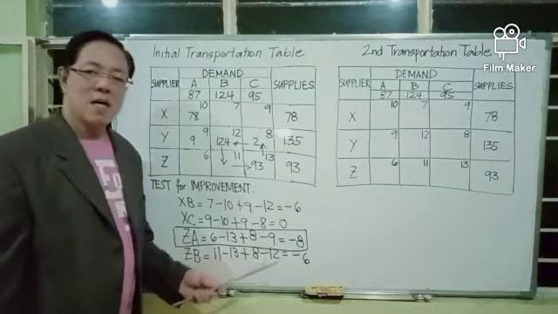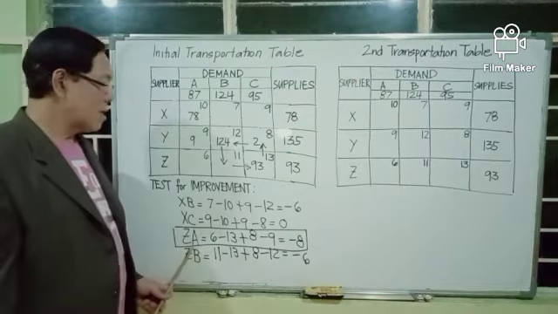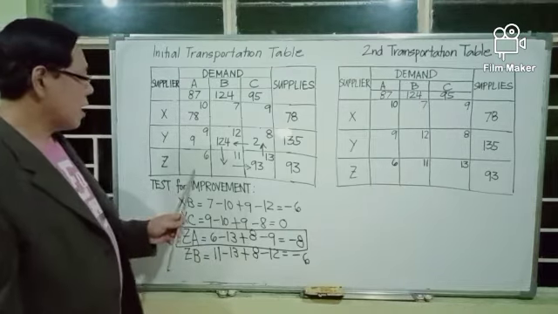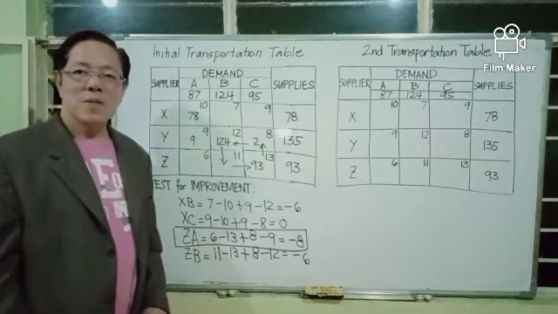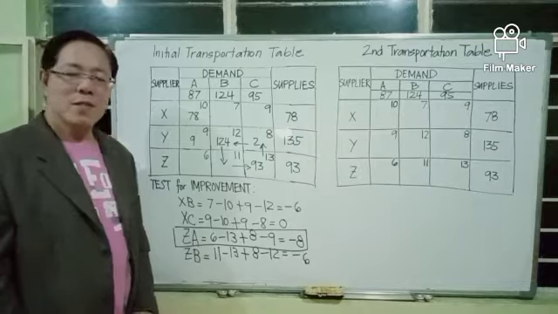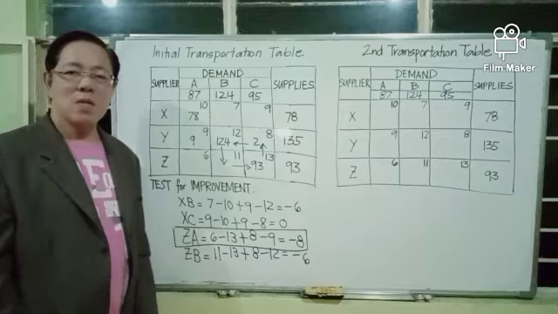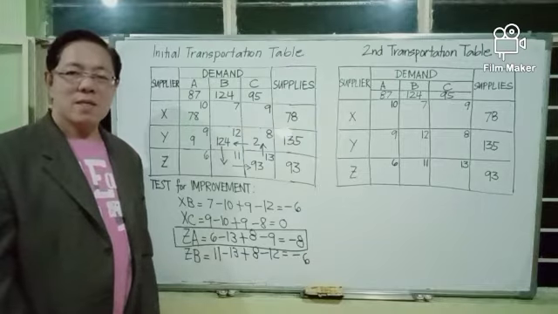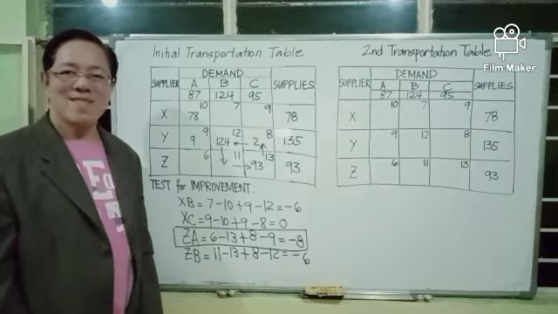To indicate that we would transfer some units in the vacant cell ZA. Now, how do we determine how many units to transfer to the vacant cell ZA? That's the next step in the stepping stone method.